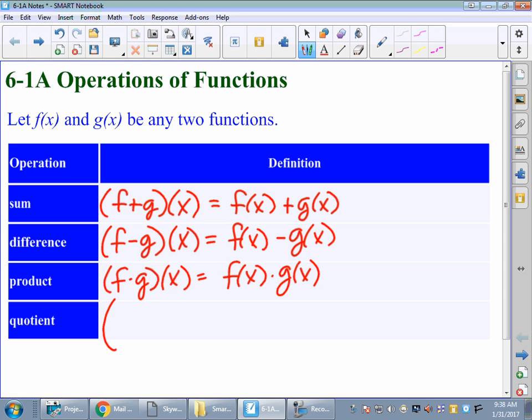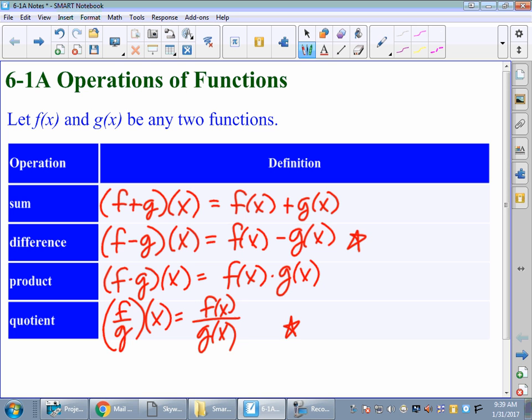And a quotient will look like a fraction, (f over g)(x), and that just means write the first function over the second function. Okay? So order really is important for the difference and for the quotient. Just make sure that you do put them in that particular order. If you want to change the order in which you add or multiply, that is fine.